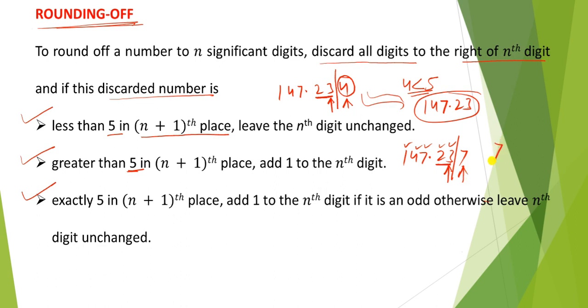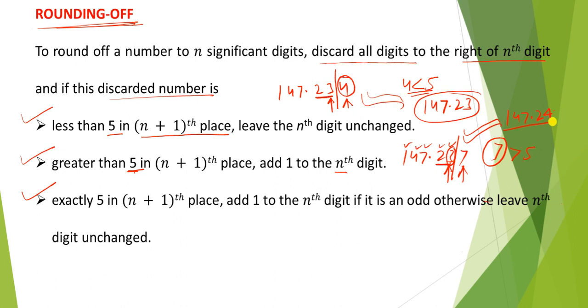Since 7 is greater than 5, add 1 to the nth digit. So 3 increased by 1 becomes 4, and 147.24 is the rounded number.